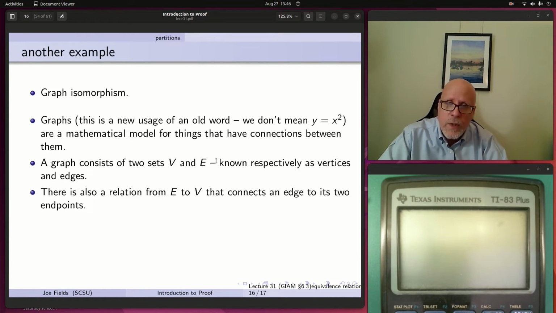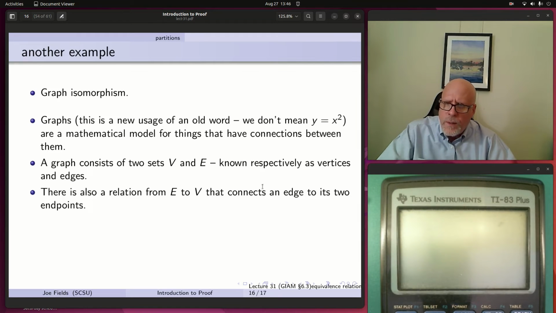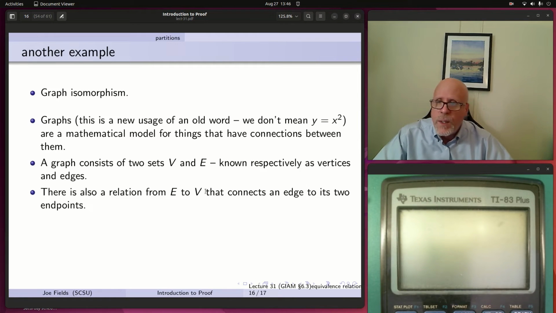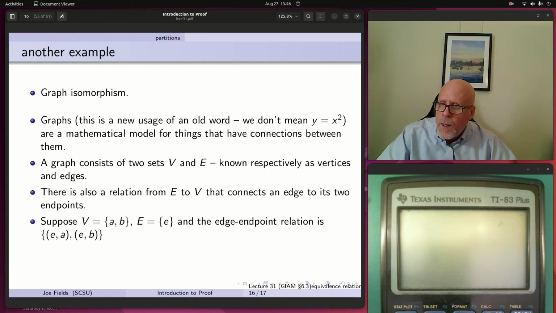We can send an edge to an unordered pair of vertices. That's the usual case. We just think about a connection with no idea about whether there's a direction to it or not. We can even allow for the possibility of repetition. So an edge may have the same vertex at both of its ends. That's what a loop is, when we looked at that in talking about the digraphs of a relation.